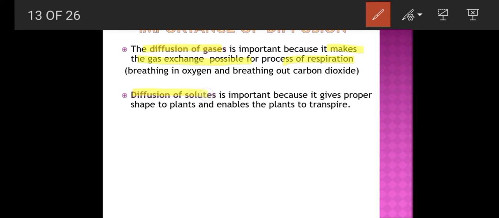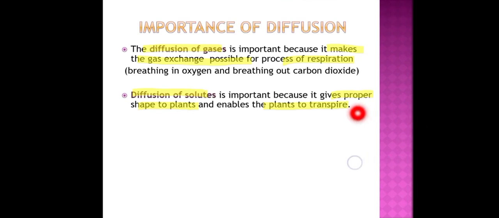Diffusion of solutes is important because it gives proper shape to plants and enables the plant to transpire. So what is transpiration? Transpiration is a process through which a plant evaporates water through its stomata.